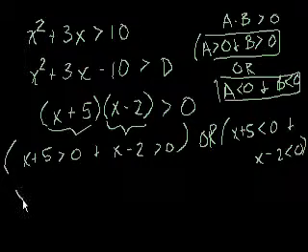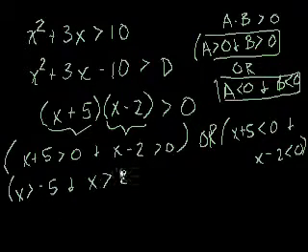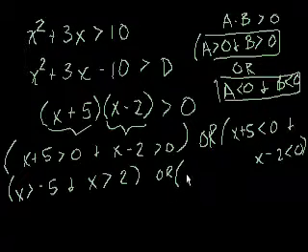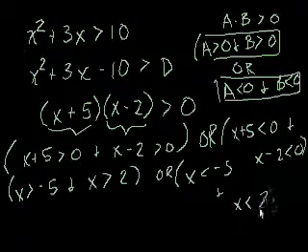So this says that x is greater than negative 5 and x is greater than 2, right? Because we just added 2 to both sides of this inequality. Or, and if we solve this side, x is less than negative 5 and x is less than 2, right?